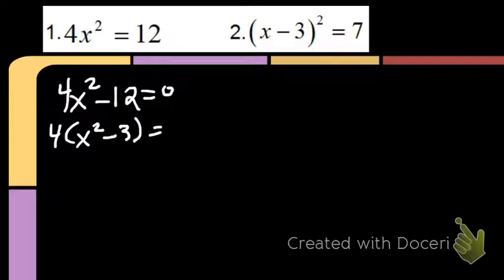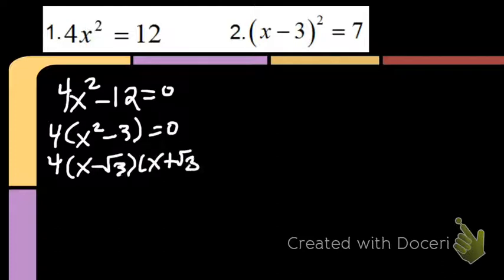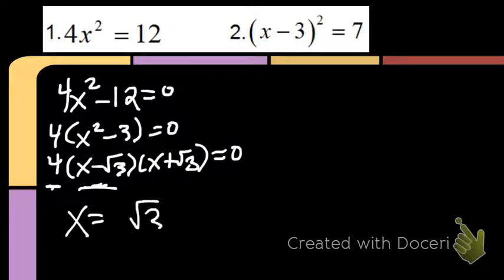And then now factoring using the difference of two squares, we get 4 times x minus root 3 times x plus root 3. So we could set each factor equal to 0. 4 equals 0, not possible, because there's no variable there. But you set this equal to 0, you get x is equal to root 3. And you set that equal to 0, you get x is equal to negative root 3. So you get plus or minus root 3.